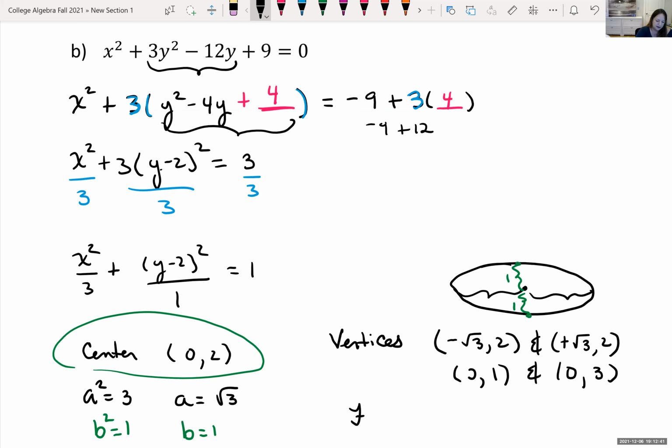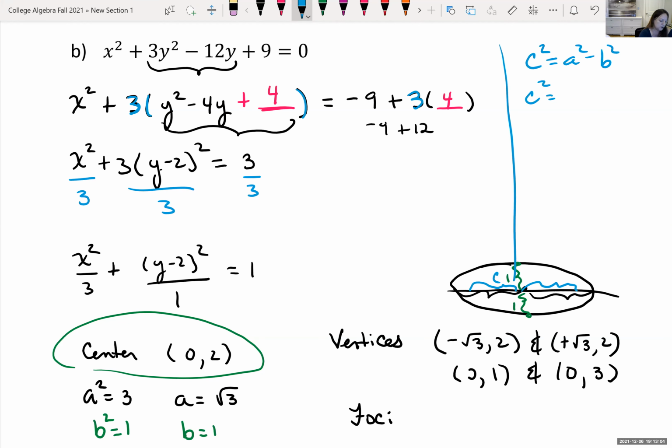The foci, those are always on the major axis, and we need to go over c units. For an ellipse, it's different from a hyperbola, c squared is equal to a squared minus b squared. So I know c squared is equal to, well, a squared is 3 minus b squared, which is 1, c squared equals 2, so c is equal to root 2.